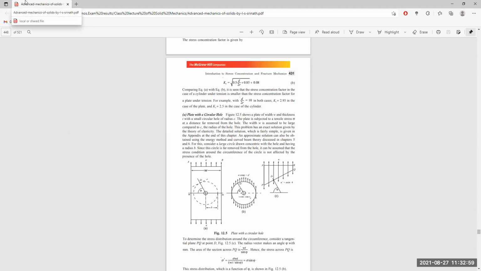What stress concentration is, is very clear to you, and that is rather simple. But now we have to go through the effect of stress concentration in different types of applications, like, say, a plate with a circular hole itself.